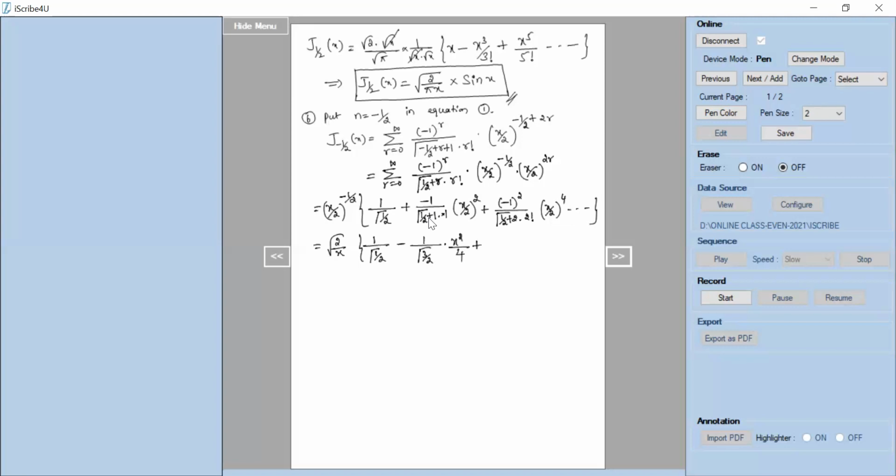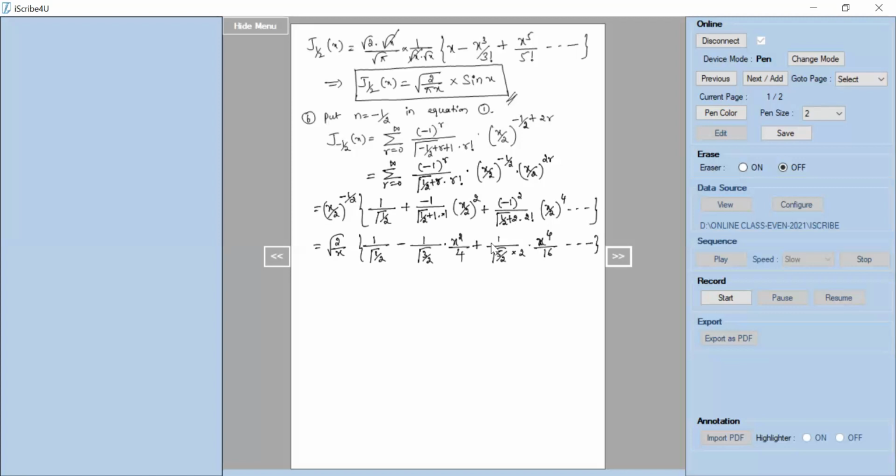The next term, minus 1 whole square is plus 1, divided by gamma 1 by 2 plus 2, which is gamma 5 by 2, divided by 2 factorial which is 2, into x power 4 divided by 2 power 4, which is 16, and so on.